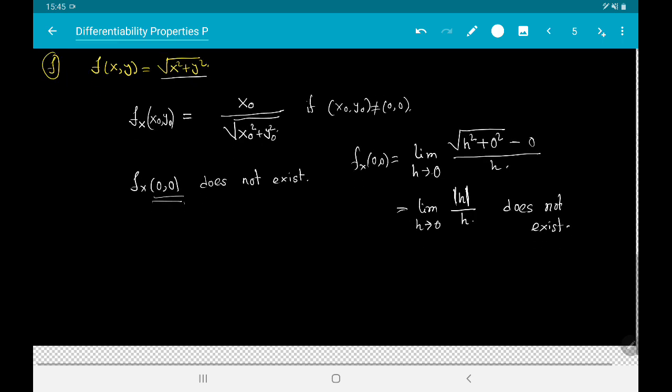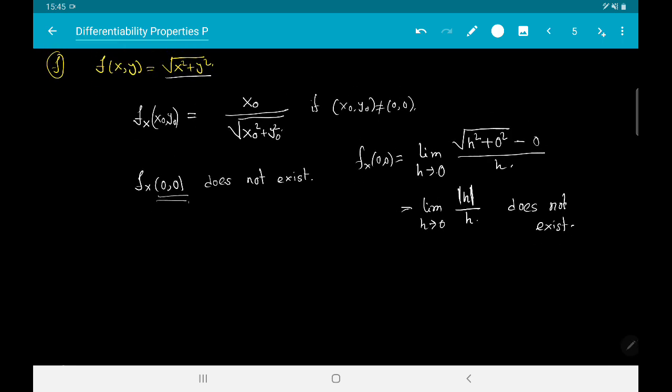So now we have seen in our previous video on differentiability that if f is differentiable at a point (x0, y0), then both fx(x0, y0) and fy(x0, y0) exist.